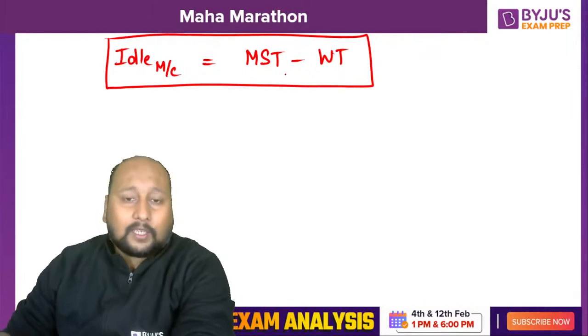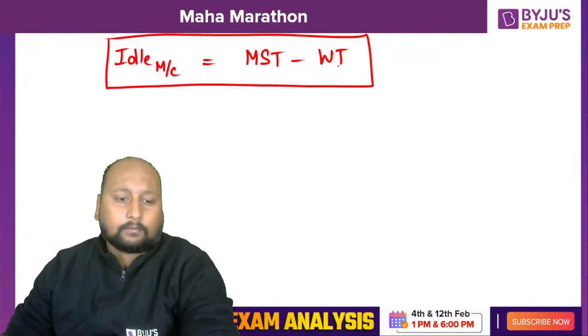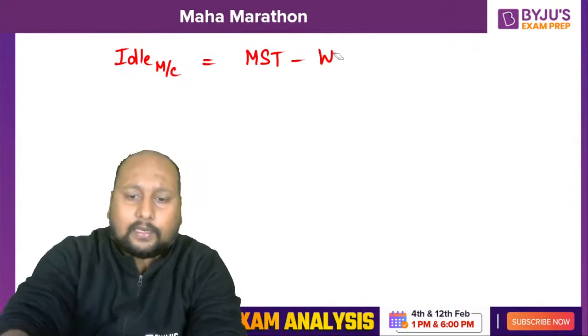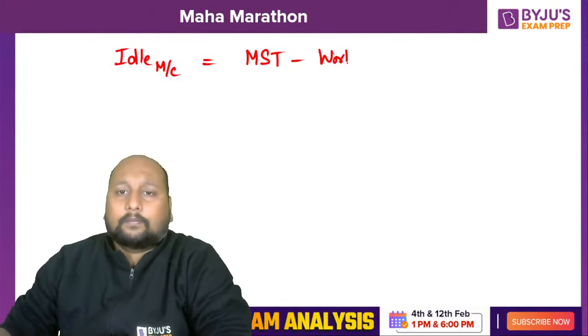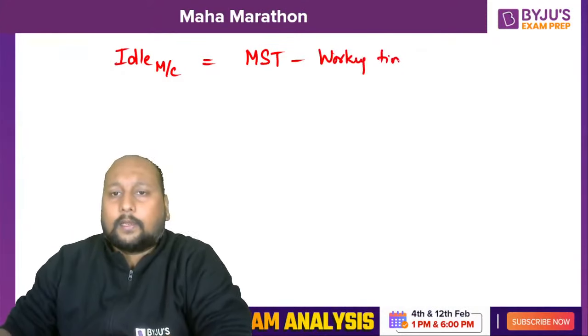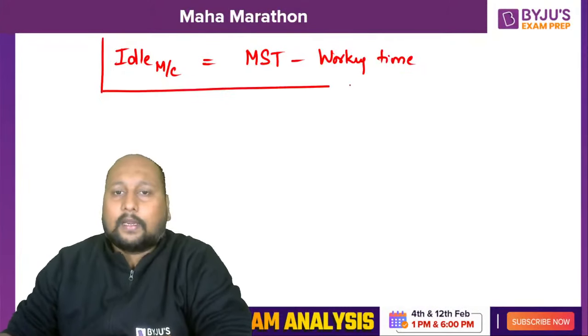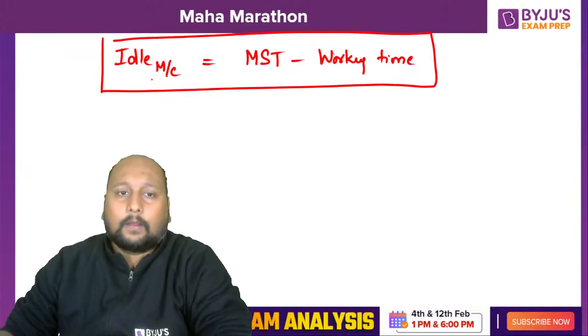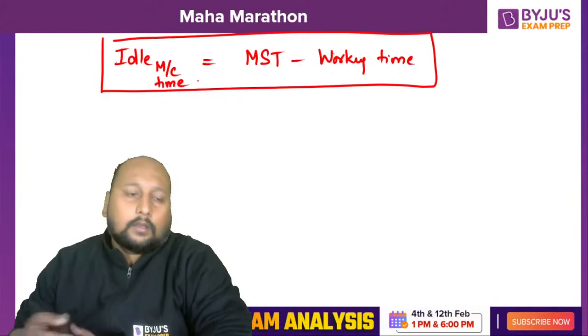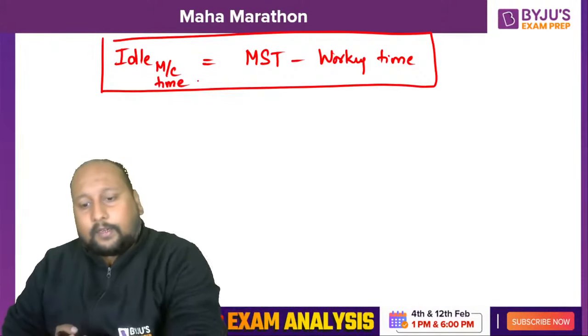Okay, make span time minus the working time. Let us write it completely. Working time. This difference will be giving us the idle machine time. Okay, perfect. Clear?